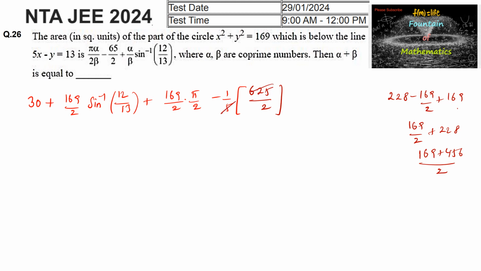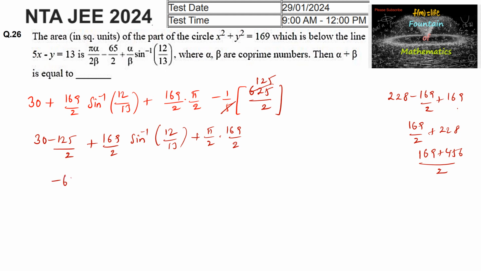So here 5 how many times? 5 times 625 upon 2 is 125 times. So 30 minus 125 upon 2 plus 169 upon 2 sine inverse of 12 upon 13 plus pi upon 2 into 169 upon 2. So 60 minus 125, that is minus 65 upon 2.